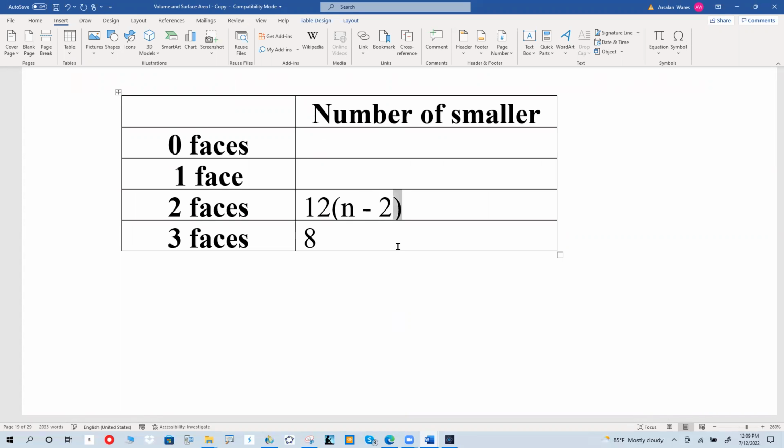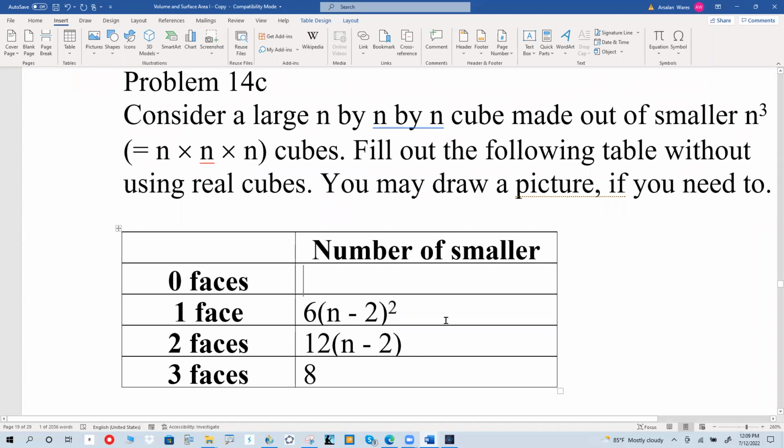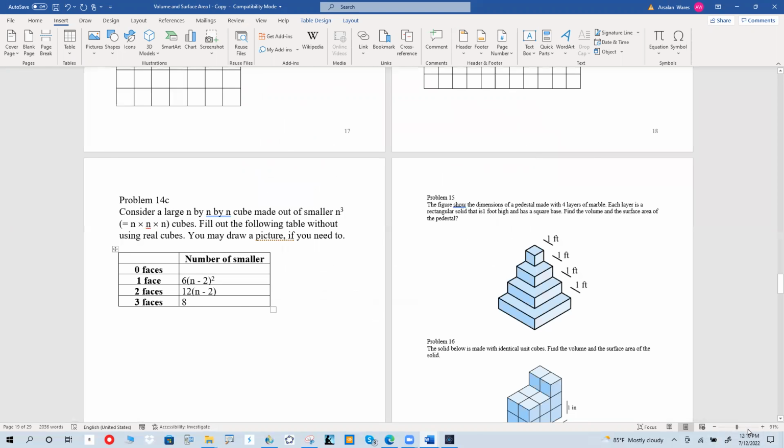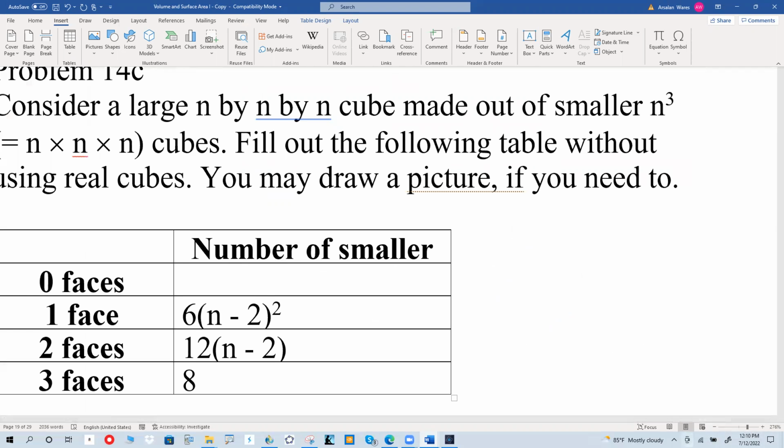And one face showing cubes will be 6 times n minus 2 squared. There's 6 faces. Why square? Because in the middle of each face, there's a little square that is n minus 2, that is showing one face. Zero faces will be simply n minus 2 cubed.